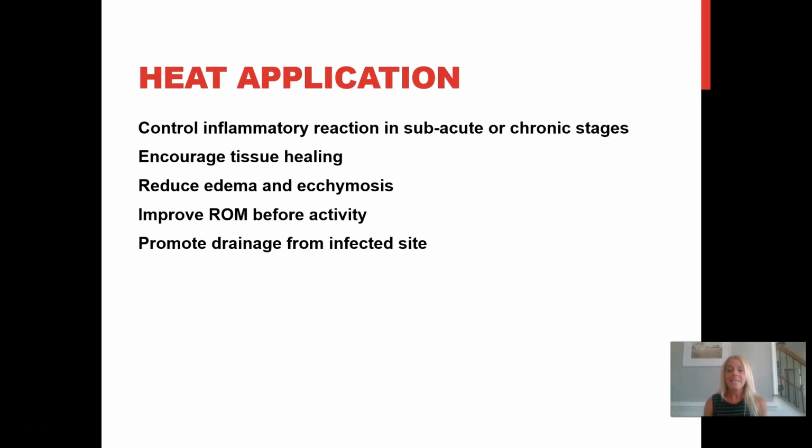So it's the heat influences the extensibility of the tissue, so then we can stretch a little bit easier or get more range of motion when we're stretching. So again, just putting a hot pack on someone isn't going to improve their range of motion. Putting the hot pack on, then performing stretching activities is going to improve their range of motion, hopefully even more than not using a hot pack.